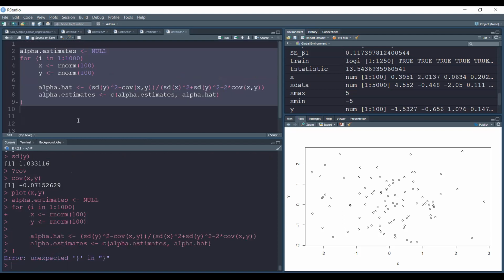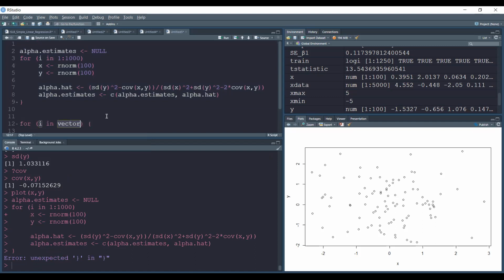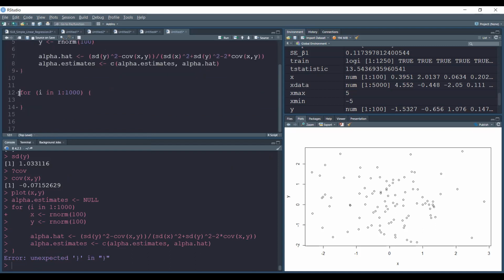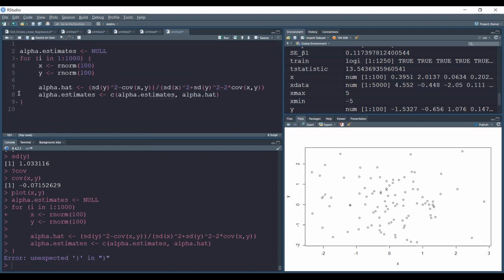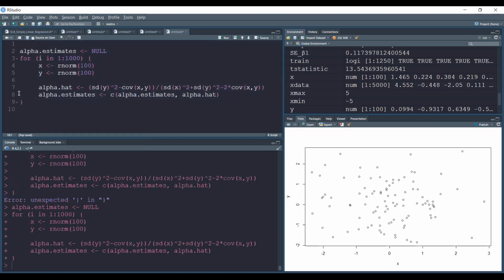Great. I think that bracket came back to haunt us. It's just for i in 1 to 1,000. Okay, I think I was missing this as well, right? So does this work now? Yep.